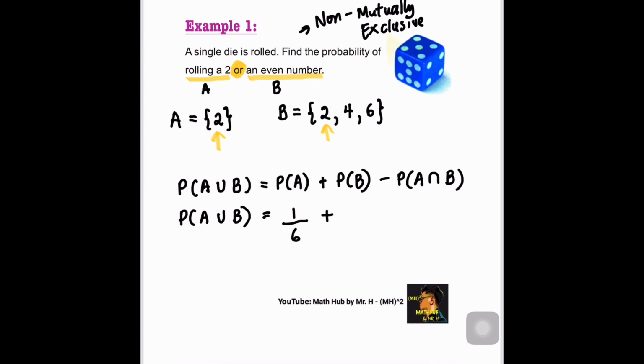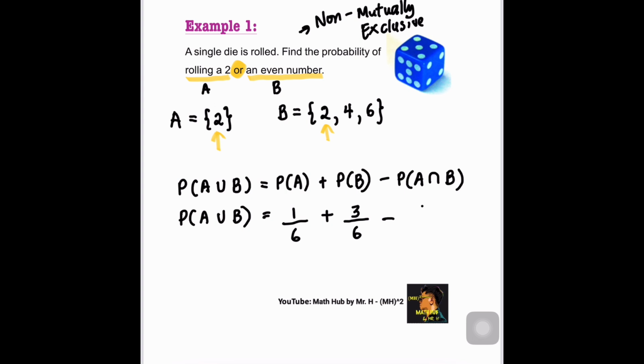Plus probability of event B. So there are 3 favorable results. So you got 3 divided by 6, the total number of possible outcomes, minus their common. So there's only one, right? Definitely only one, because set A has only one outcome.